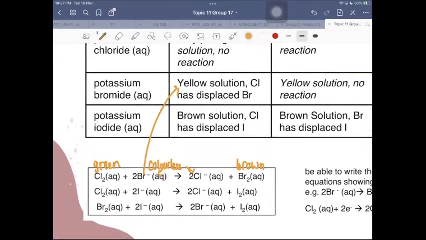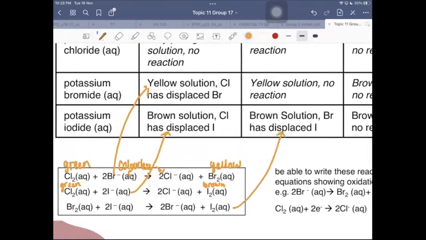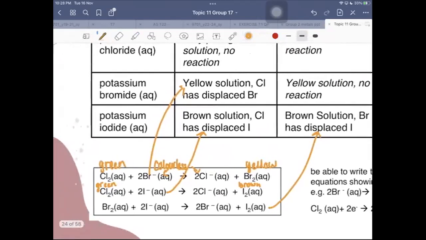Chlorine displacing iodide is this second reaction. Okay, so you go from green to brown. Sorry, it is not brown for bromine. It should be yellow. Oops. And lastly, bromine displacing iodide is this reaction where you see yellow turning into brown solution.